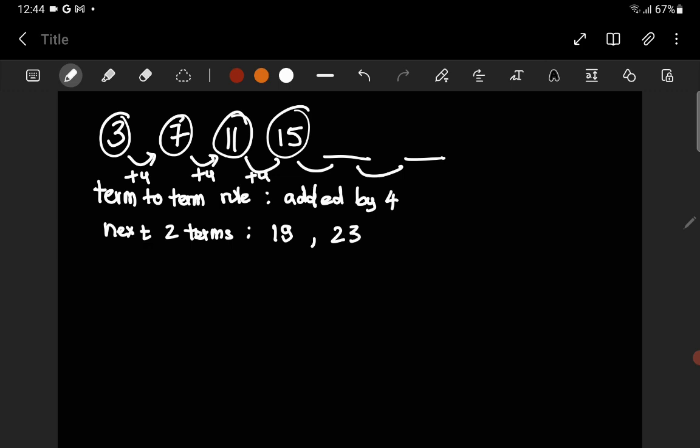Now, how about the n term? The n term is a formula that is used to find the value in the number pattern based on the position, where n is the position.